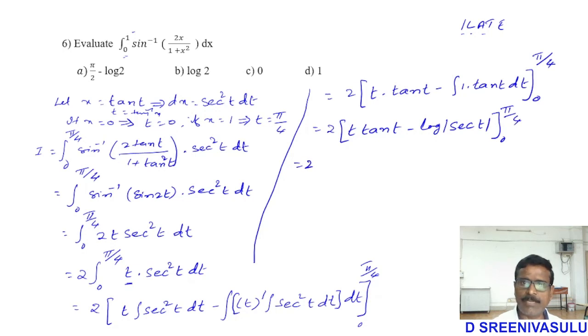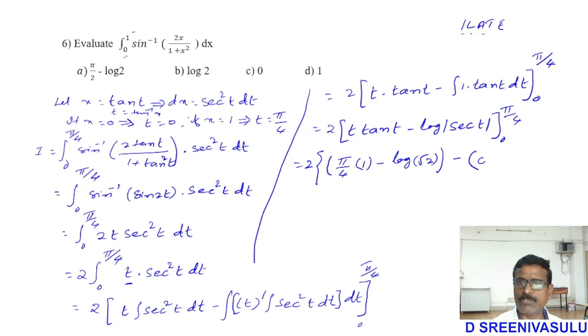This is 2 times. Substitute upper limit pi by 4, t is equal to pi by 4 times tan pi by 4. What is tan pi by 4? Tan 45 degrees is equal to 1, minus log secant pi by 4. Cos 45 is 1 by root 2, so secant is equal to root 2. This is upper limit minus lower limit 0.